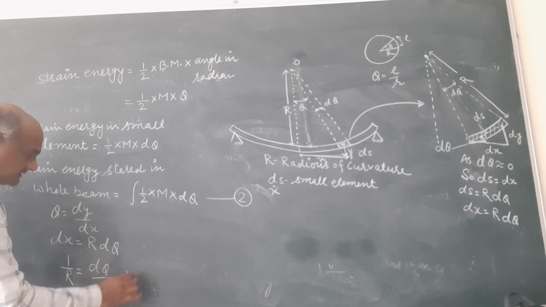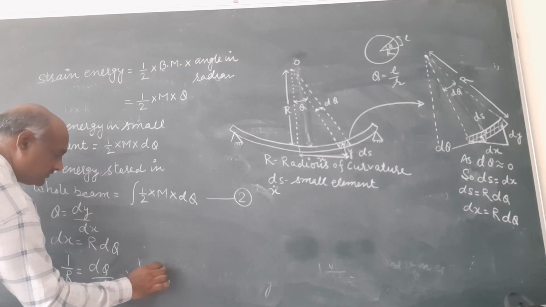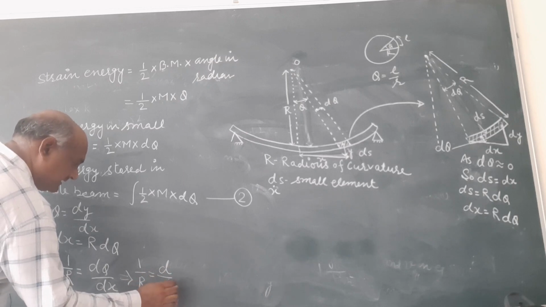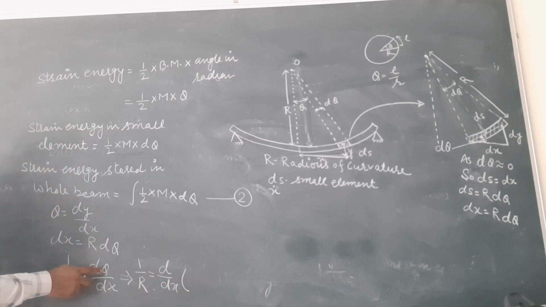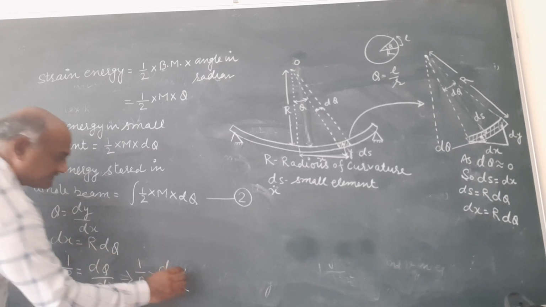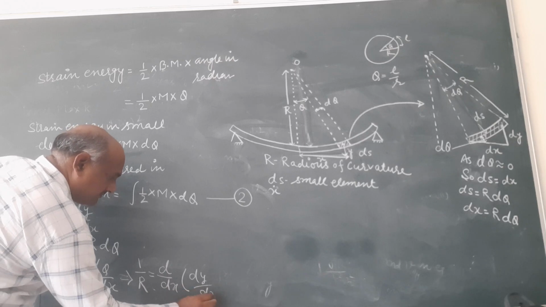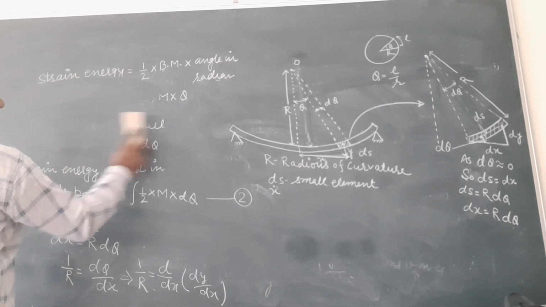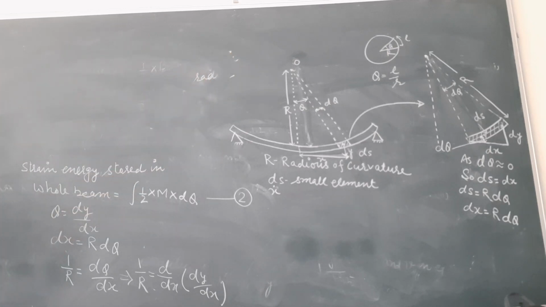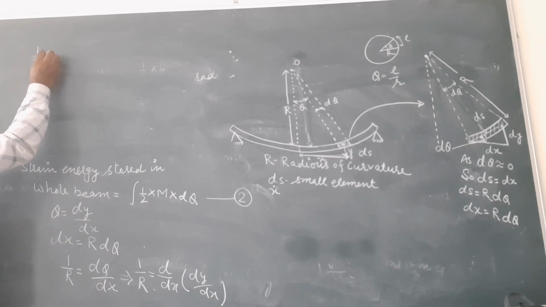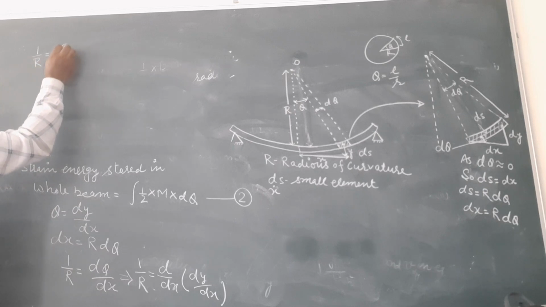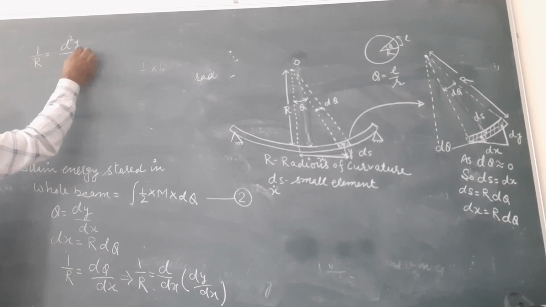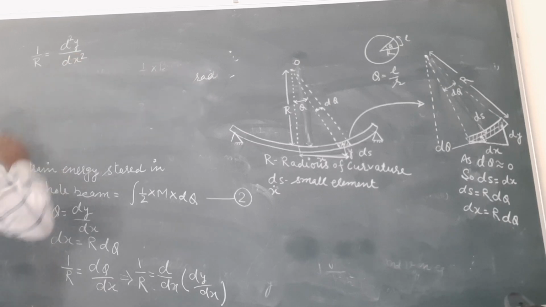This implies 1 by r is equal to d by dx of theta, and putting theta equal to dy by dx, 1 by r is equal to d square y by dx square.